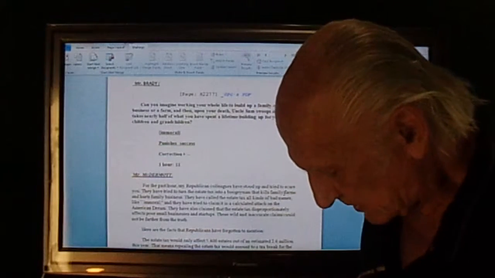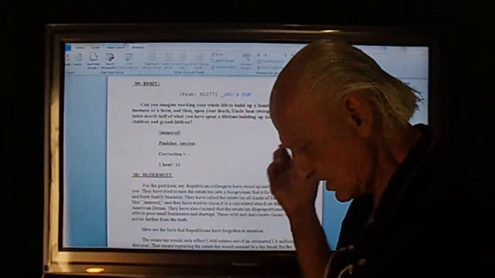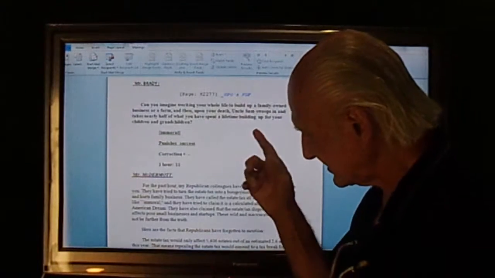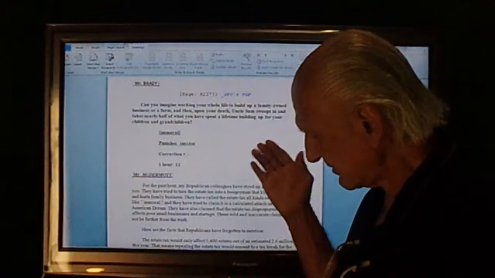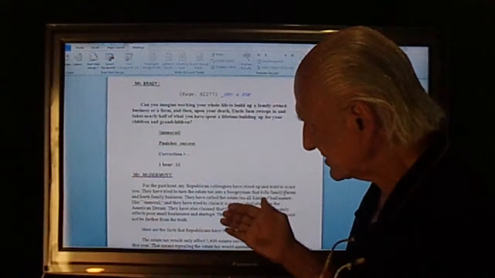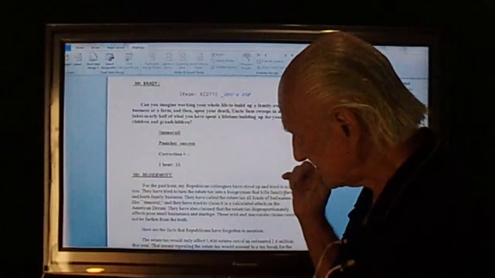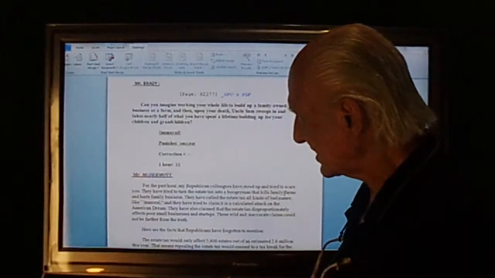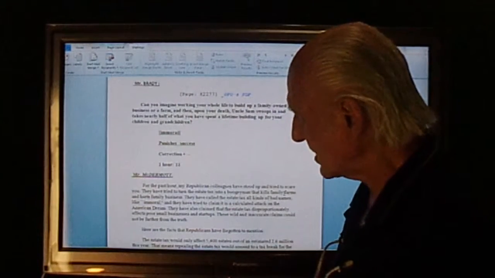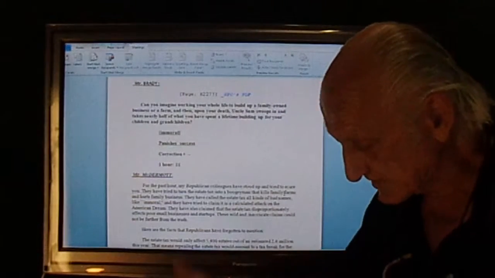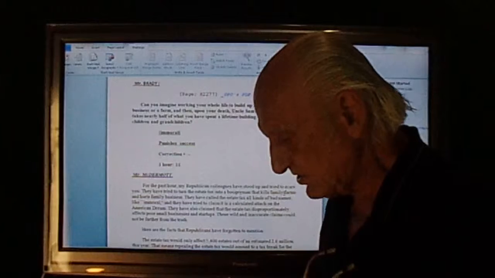Now, Jim McDermott down here, remember he said, my Republican colleagues have called the estate tax all kinds of bad names like immoral. Well, guess who said that? Mr. Brady. It's not immoral. It's the exact opposite. Here's what is immoral.